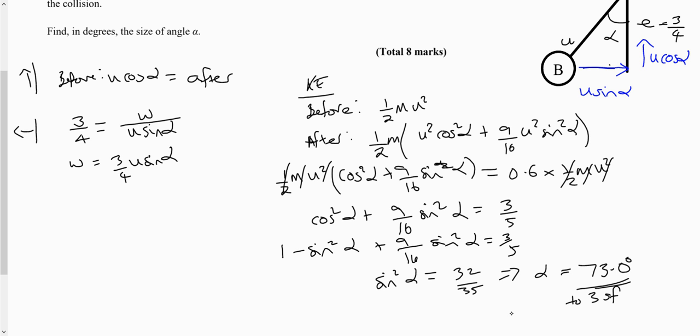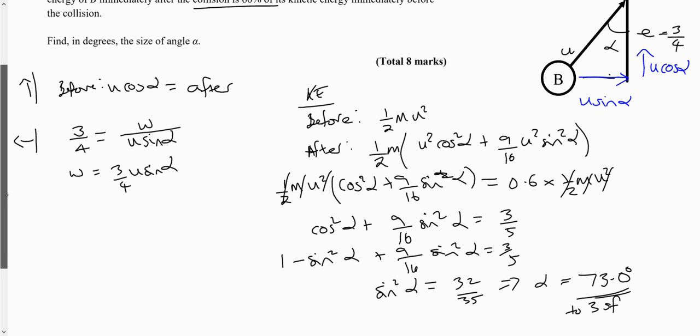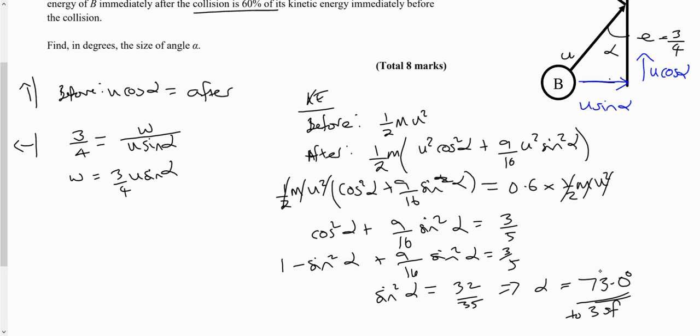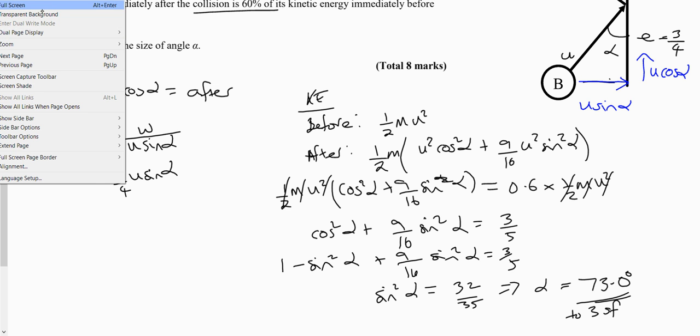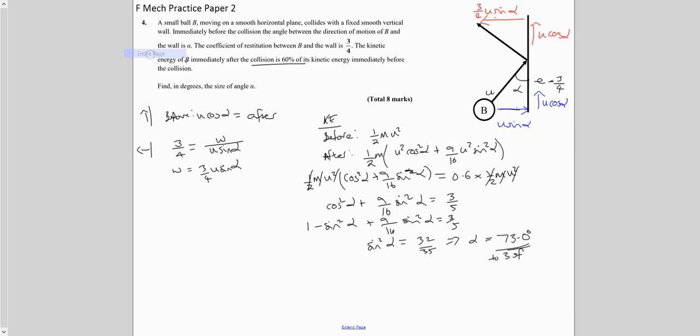We can use 3 significant figures because we didn't use gravity's 2 significant figures anywhere, which is the general rule in mechanics. Remember, this is going to be an acute angle if you think about the diagram, so we can take the positive square root when we square root the other side, and that's absolutely fine. So the key to a lot of these questions is don't introduce extra variables unless you have to, and as soon as you find out what they are, replace them on your diagram, and then you'll be able to solve.